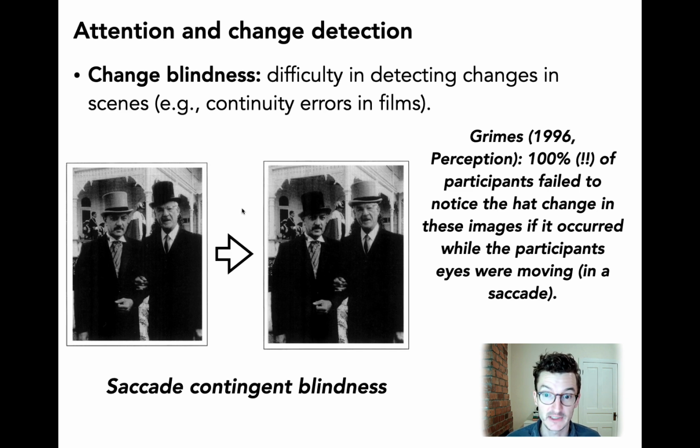And so what you're going to see, and you'll remember this example probably from Intro Psych, are two images, and they're identical except for one major change. It's about 10% of the image, and you're going to find that it's very difficult to notice that change until your eyes actually fixate on the changing location.